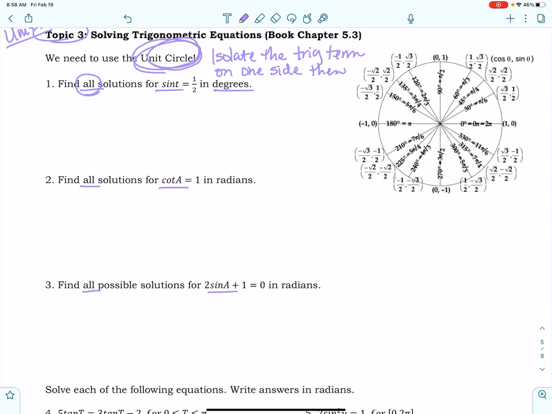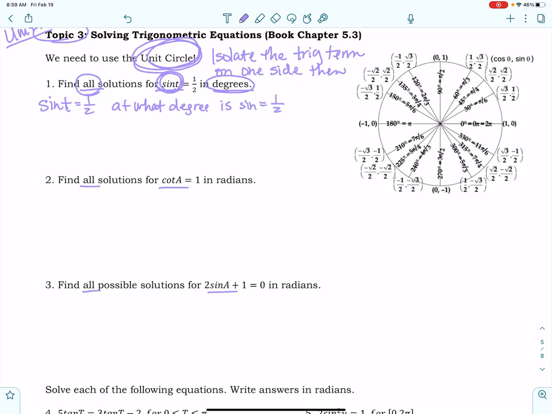For this particular problem, our trig term is already on one side, so I don't really have to do anything to this algebraically. I'm ready to go with this. Sine t equals 1/2. So the question you need to ask yourself is, at what degree, because my answer is in degrees, is sine equal to 1/2?